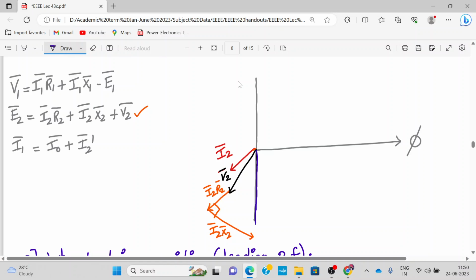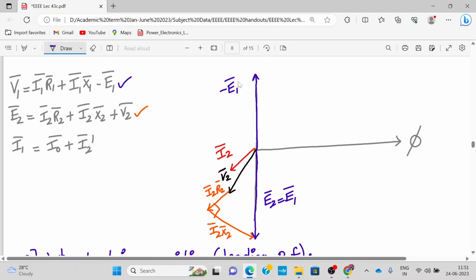So this becomes my E2, and E2 is equal to E1 because the transformation ratio is 1, K is 1. Okay. Now opposite of E2, I have to draw minus E1. Now this is over. Next is very simple. I have to draw minus E1 bar. This is E1, E2 because we require this over here, right?